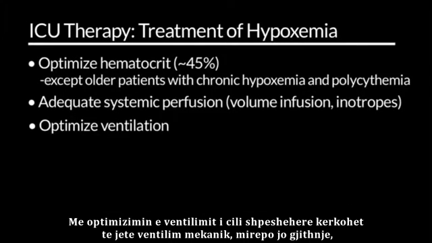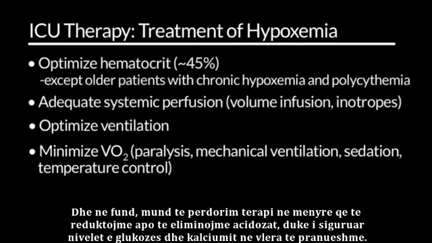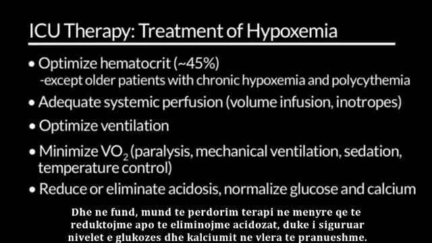One would optimize ventilation, which oftentimes will require mechanical ventilation, but not always. One can minimize total body O2 consumption through the use of chemical paralysis, mechanical ventilation, sedation, and temperature control. And finally, one can use therapy to reduce or eliminate acidosis, make sure glucose and calcium levels are acceptable.